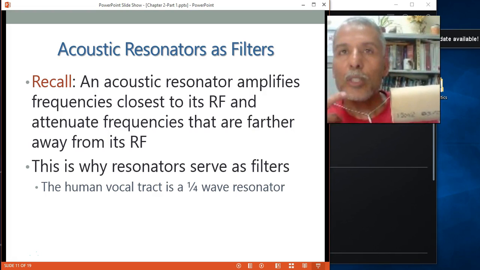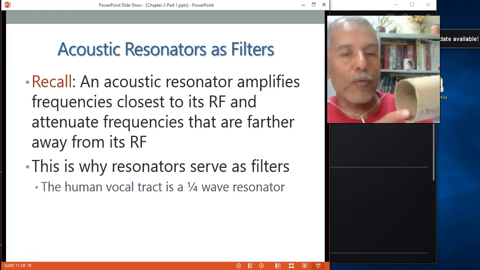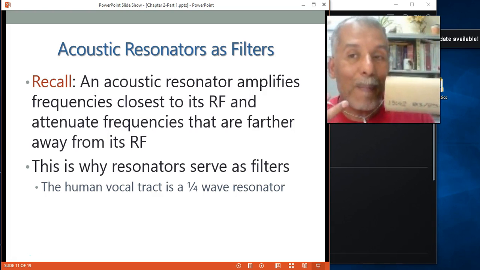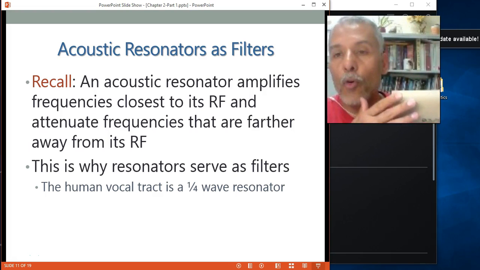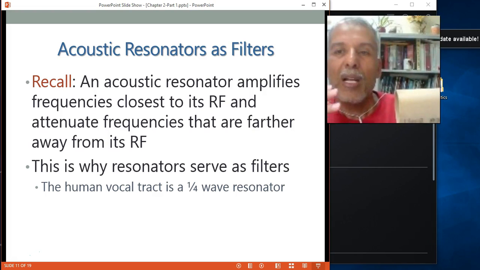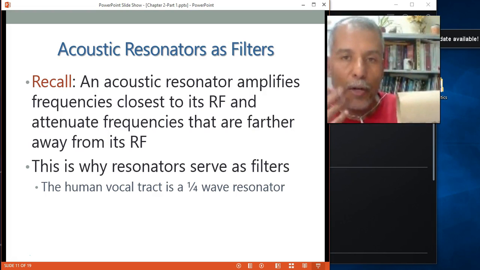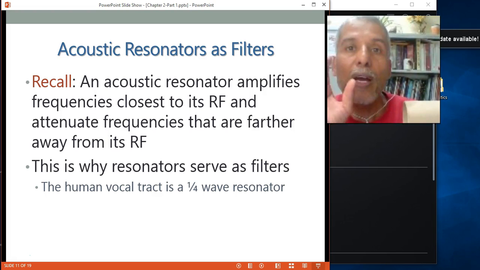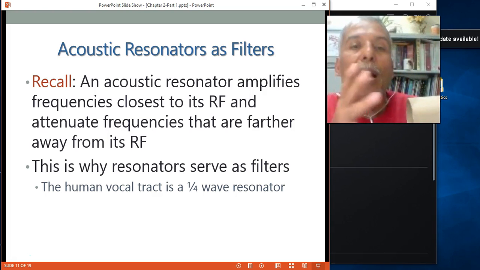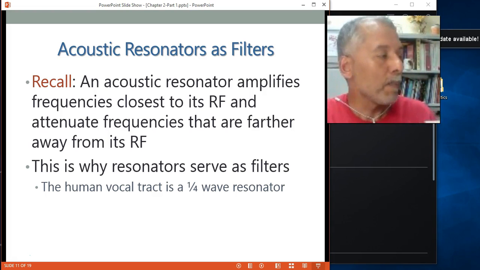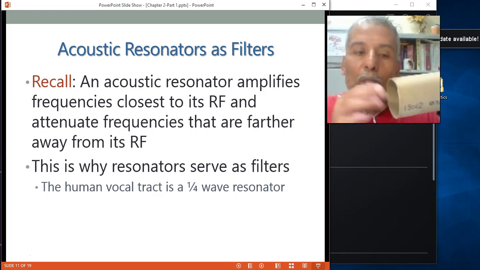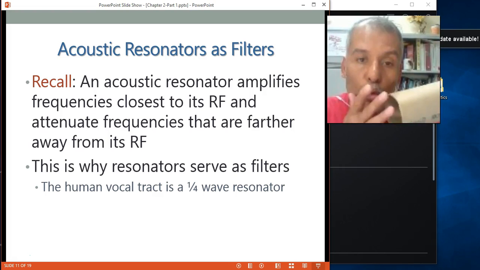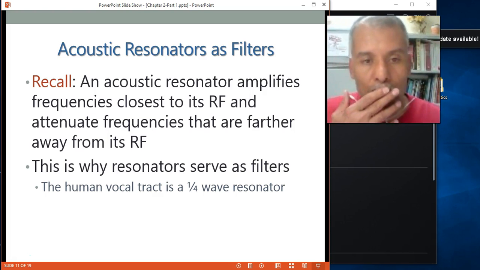But if my frequency, let's say, is 300, this is 400, I'm going to get some, but not as loud. If I become 200, this is 400, it will help a little bit, but not as loud, it decreases. The farther away the frequencies are, the more different they are, the less the amplification. That's the idea. And what decides is the natural frequency of the object, of the tube that we play the tone in.